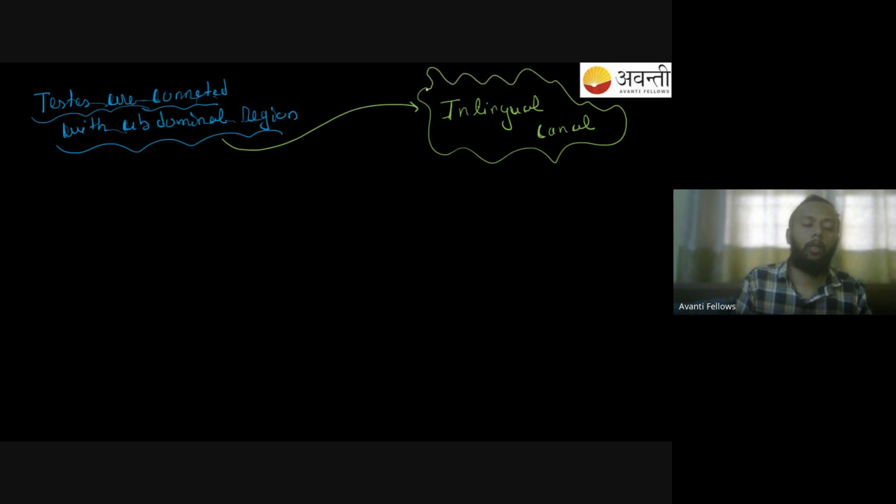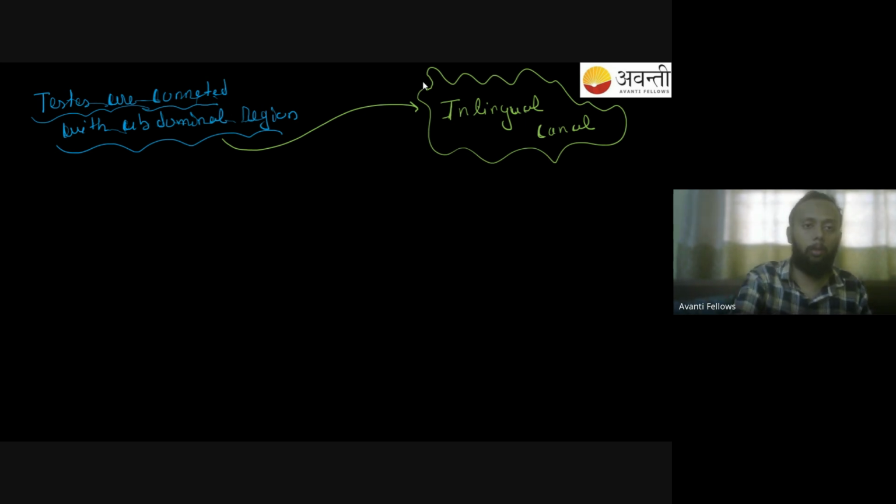The testes are connected with the abdominal region, and that connection happens with the help of a canal called the inguinal canal. The inguinal canal is a structure through which your testes are connected to the abdominal region.